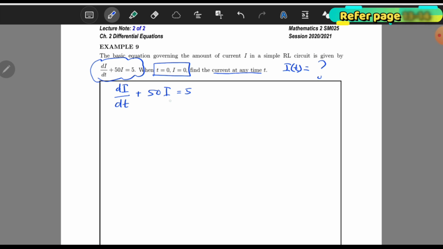So now we go to the given equation. So we have di dt equal to 5 minus 50i. We try to separate the variables. So we have di over 5 minus 50i equal to dt.